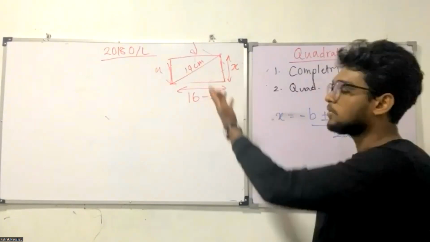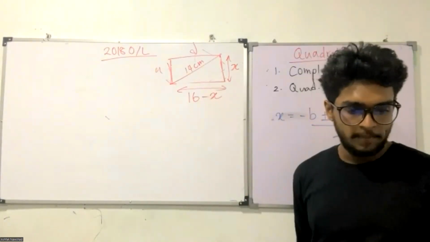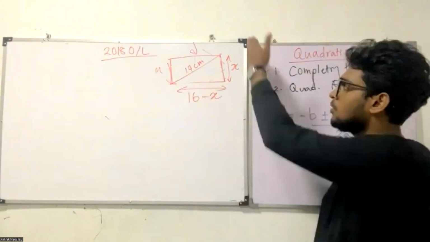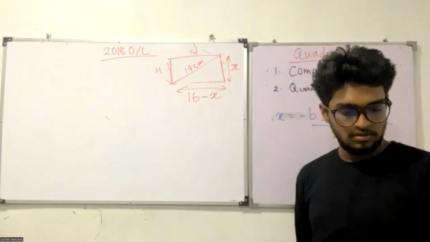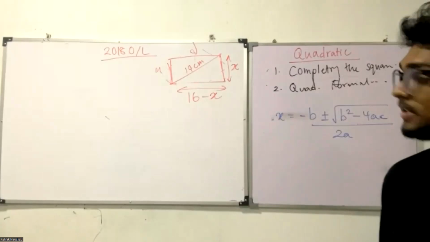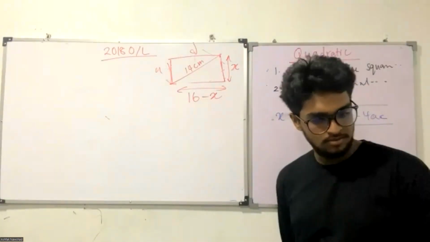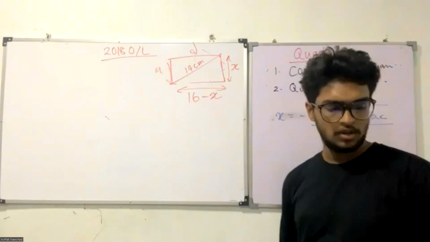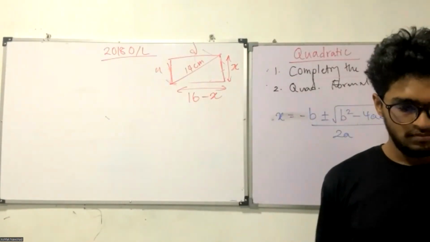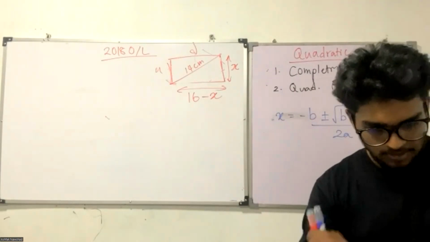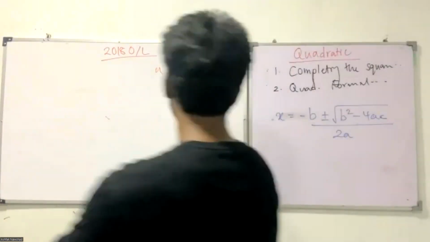We can't use the area. We know nothing of the area. We only know the values of the sides. Does it ring any bells? Exactly. We use the Pythagorean theorem.